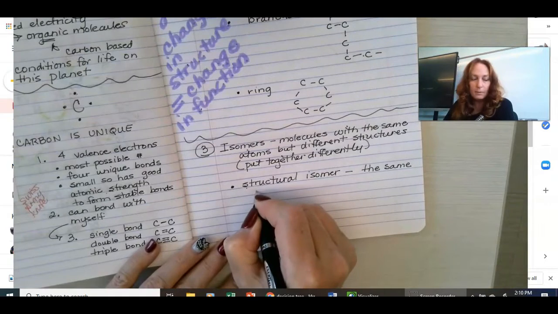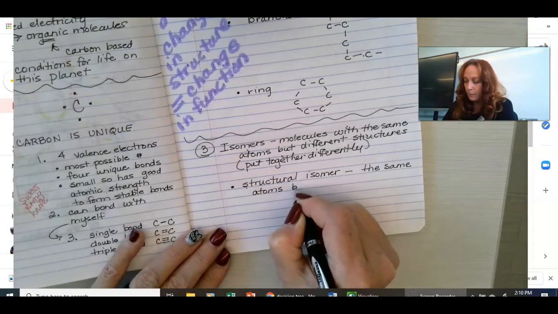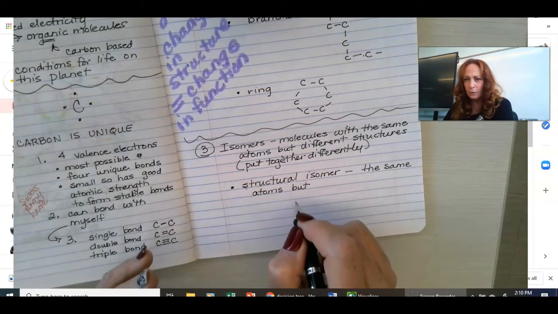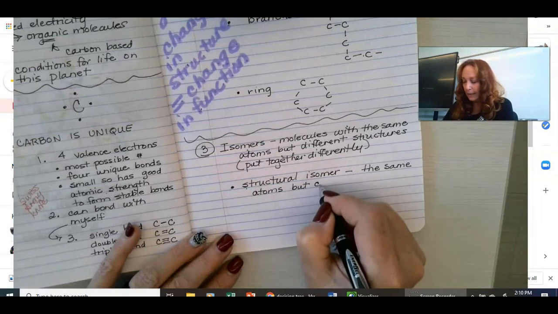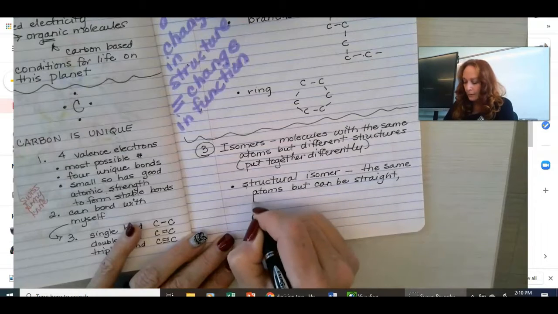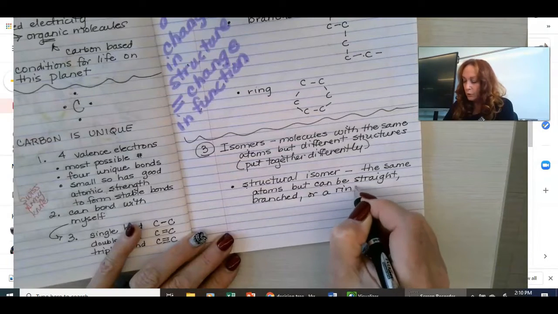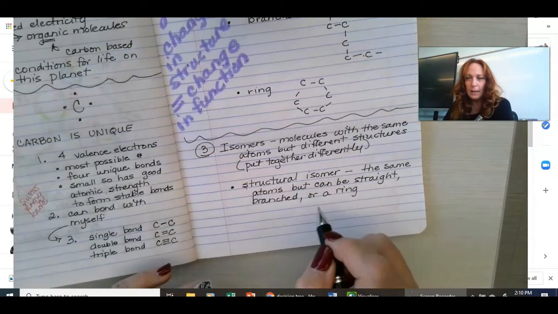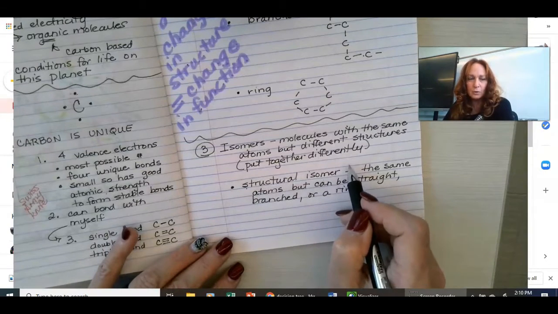So it's the same parts, the same atoms, but they're going to have a different backbone with carbon. So the same atoms, but they can be straight, branched, or a ring. So you see we're speaking here with these isomers about carbon. Carbon has a backbone, and if its backbone is straight or branched or a ring, those are structural isomers of each other.